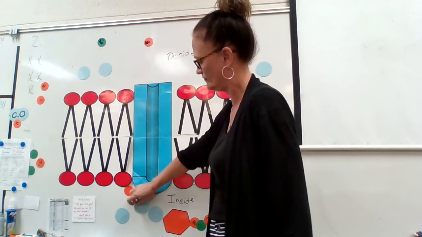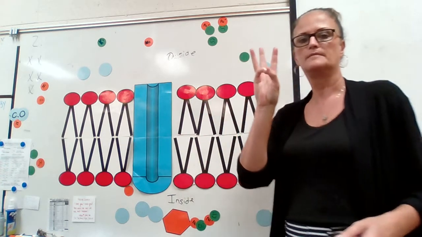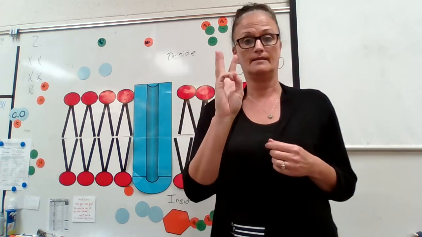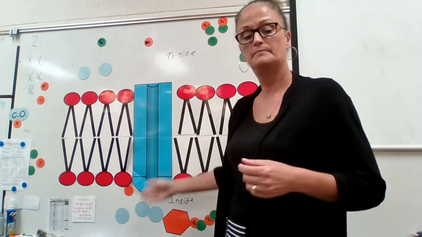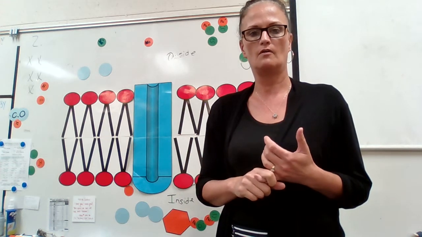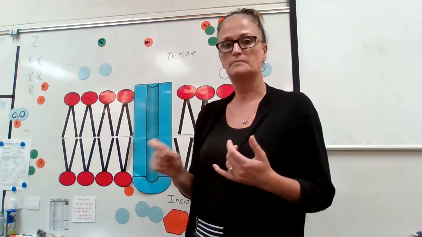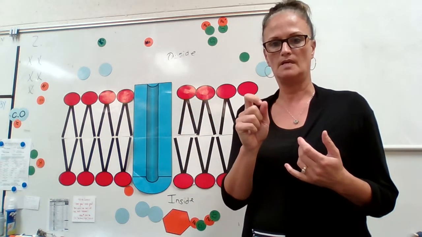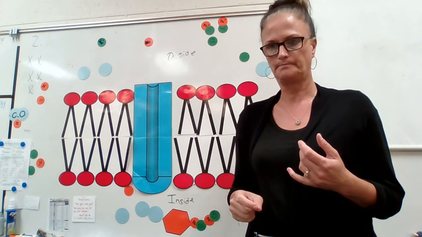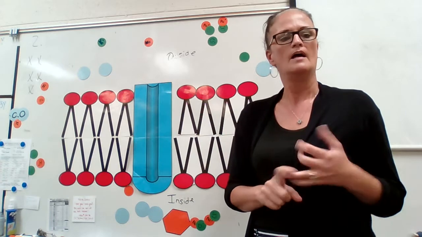come through. Okay? So 3 types: channel, carrier, and gated. Channel is going to be specifically just a channel that allows a specific molecule to go through. Aquaporins are specific channel proteins. They just have an opening and they let that specific molecule go through. Then we have carrier.